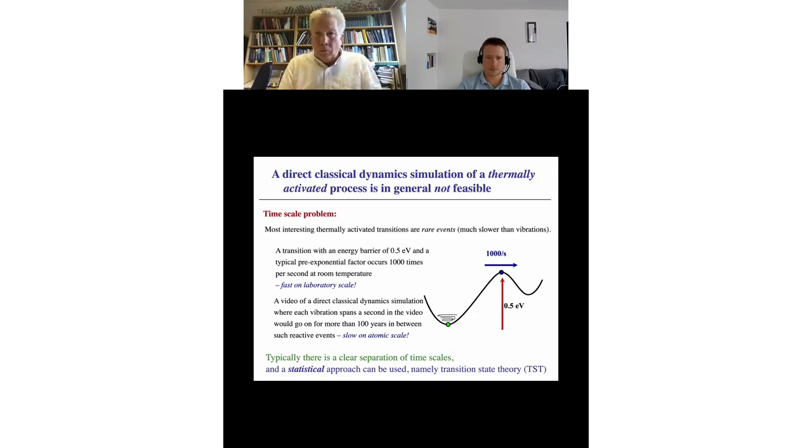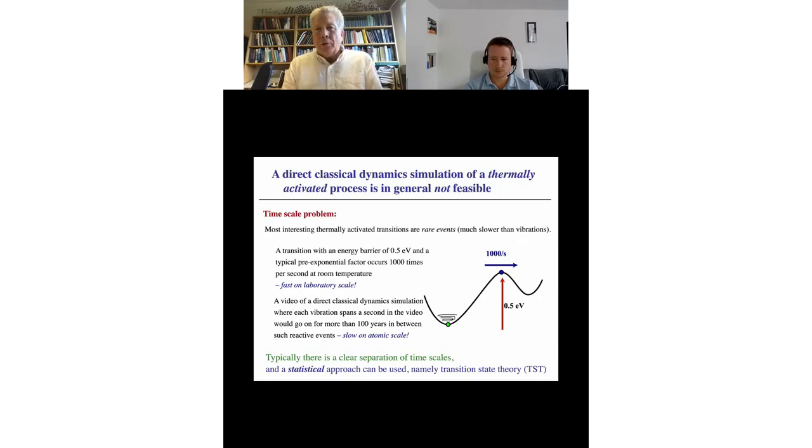If you were to, for instance, make a movie of the atoms vibrating back and forth in this initial state, and give this video, let's say, 1 second to describe one vibrational period, you would have to watch that video for 100 years before you can expect to see a single one of these events. The timescale difference is so enormous that direct classical dynamics are of no use.